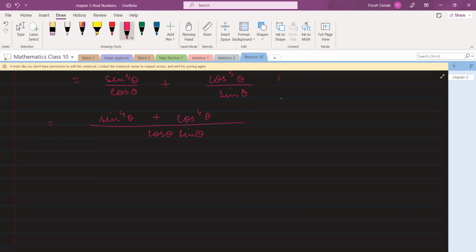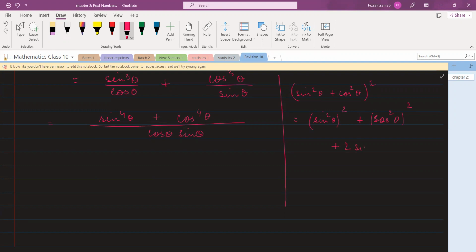Okay, now you have to check one thing here. See, if you do sine square theta plus cos square theta whole square, this you have to show on the side, like you can make a line and solve here. So this is like a plus b whole square. So this is a square, that means sine square theta whole square, plus b square, that means cos square theta whole square, plus 2ab.